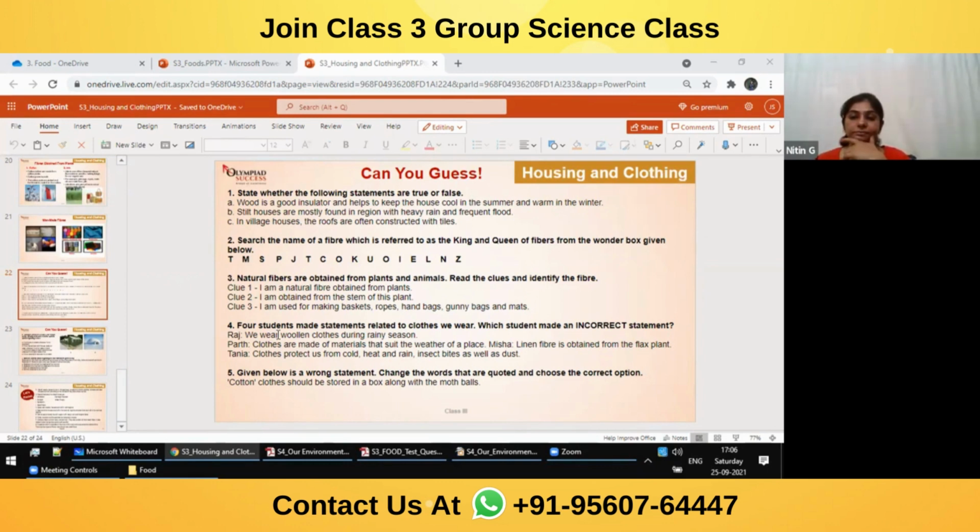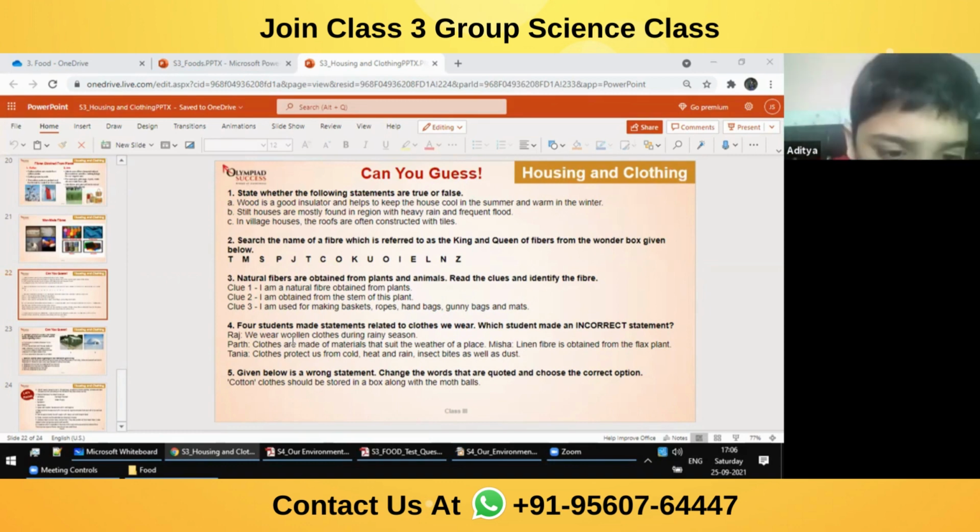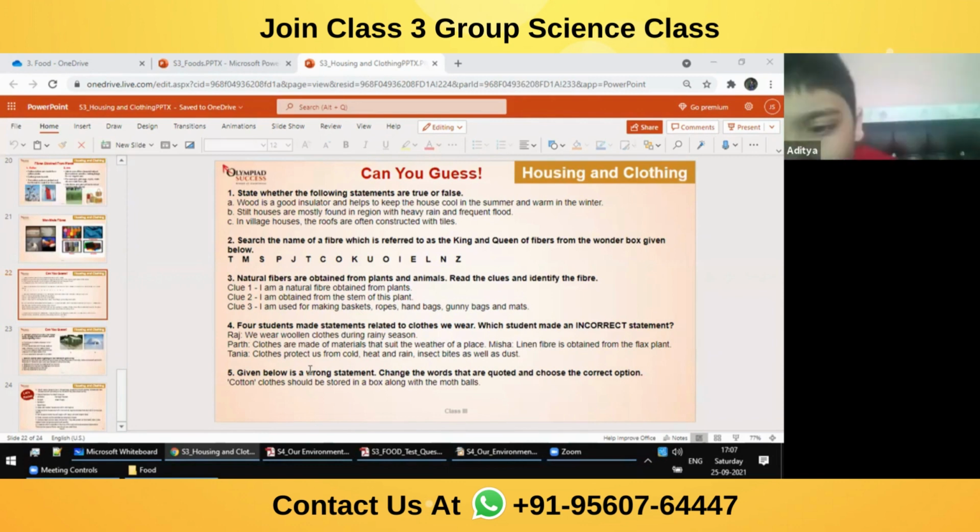Yes, miss. Four students made statements related to clothes we wear. Which student made an incorrect statement? Raj: we wear woolen clothes during rainy season. Parth: clothes are made of materials that suit the weather of a place.